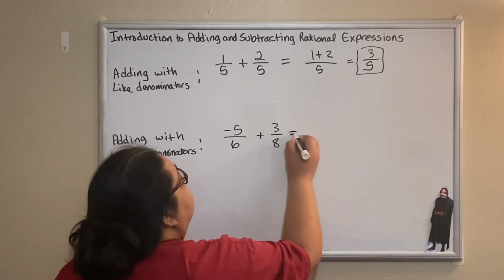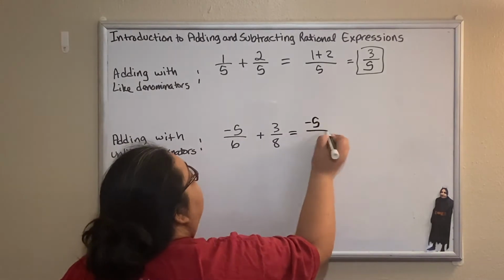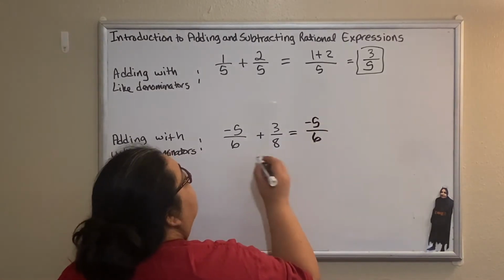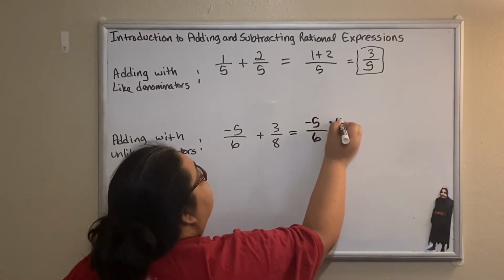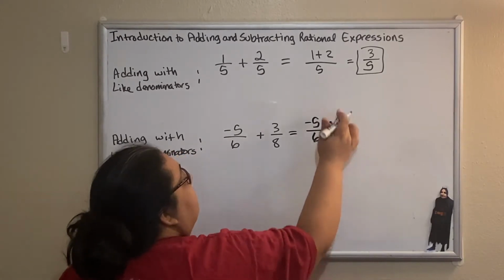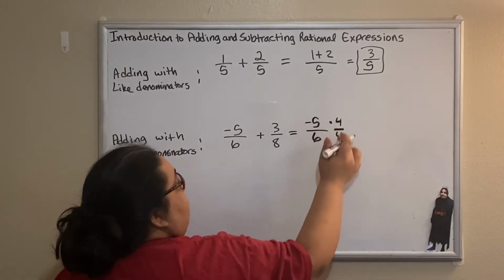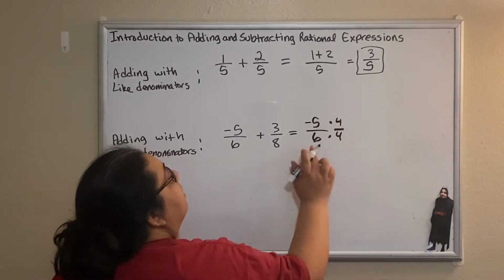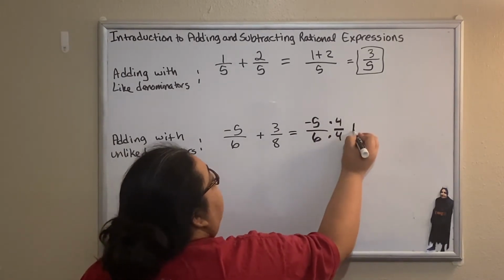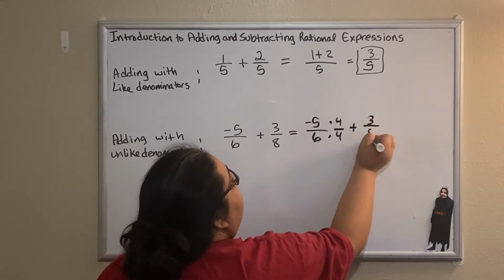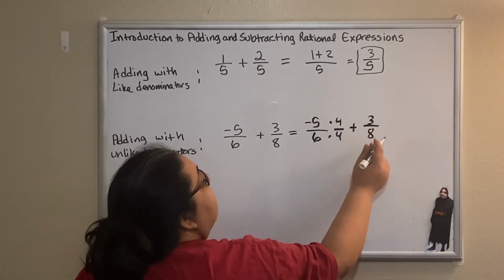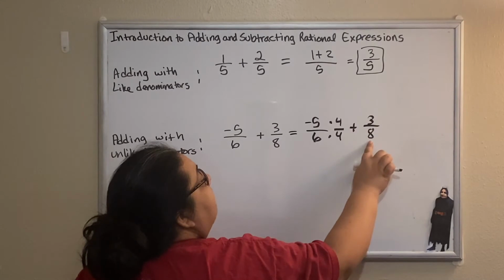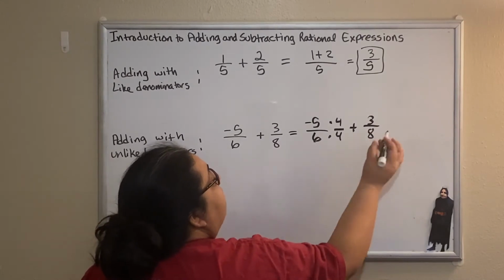So I would write negative 5 over 6, and then I would multiply this by 4 over 4. This is essentially 1. Okay, this is 1. But I'm multiplying by 4 over 4 because I want 24 in the denominator. Plus 3 over 8, and I'm going to multiply this by 3 over 3 because 8 times 3 is what gives me 24.